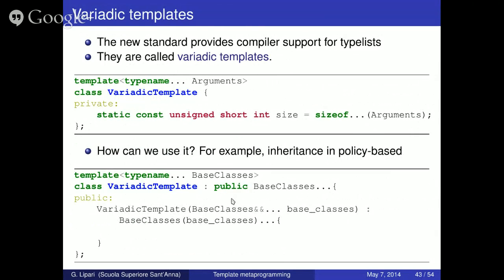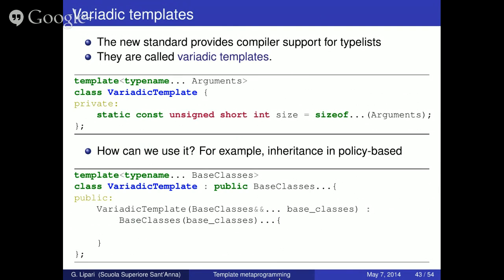In this case, publicly, but it could also be privately. And when you initialize your class with the constructor, you are going to initialize all the base classes like this. So this is the syntax for having a class which derives from many classes, and a priori you don't know from how many.